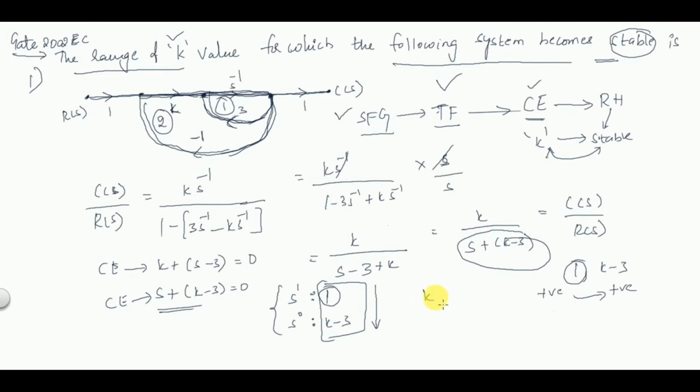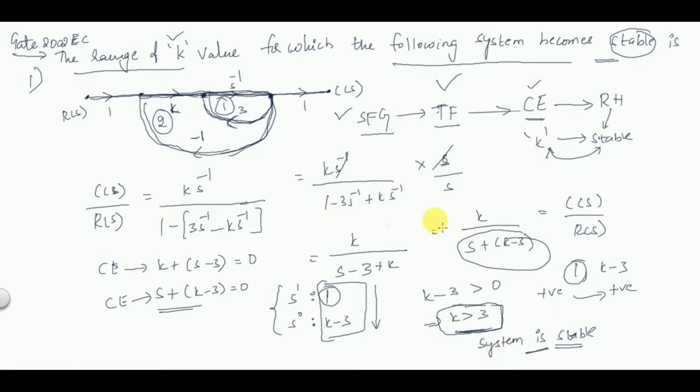So k minus 3 is greater than 0, that is k is greater than 3. For all values of k greater than 3, the system is stable. This is the range of k for which the system is stable.